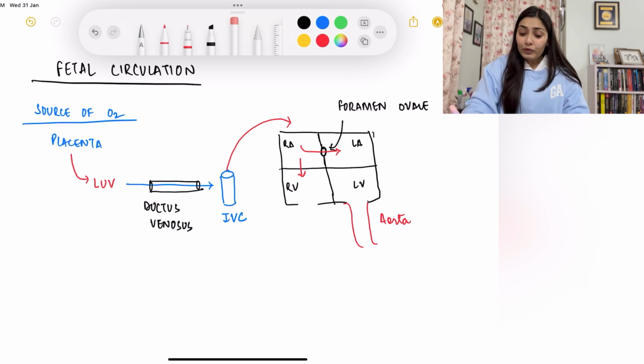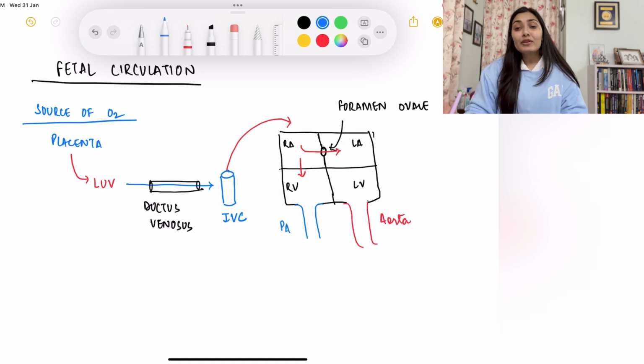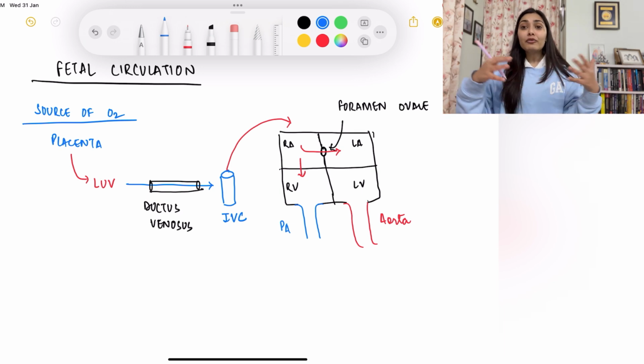Now we know the major vessel originating from the right ventricle is the pulmonary artery that goes into the lungs. But in fetal life, the lungs are filled with amniotic fluid, and the pulmonary vascular resistance is very high.